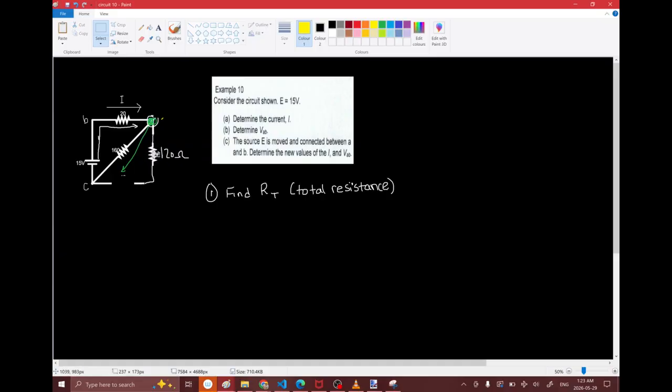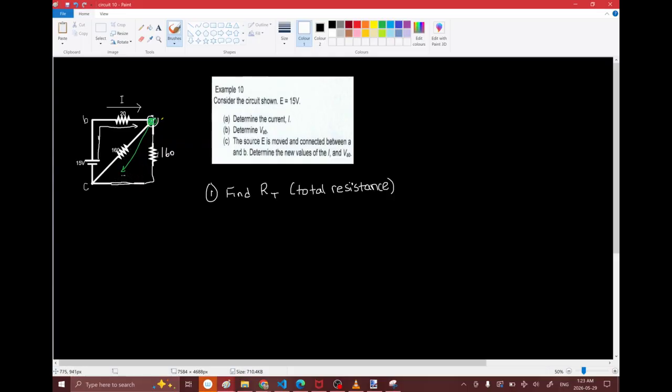So it combines with this resistor, right? So that becomes 40 plus 120, which is 160. And okay, so that old resistor is going to be replaced here with a wire.